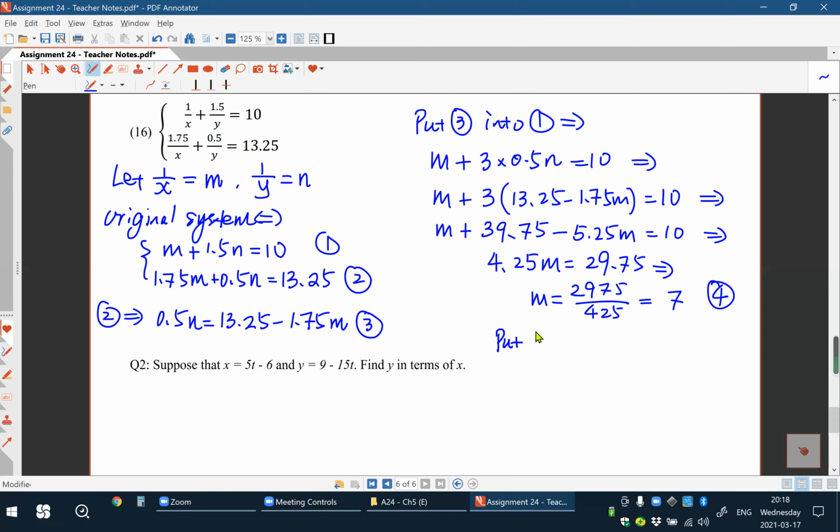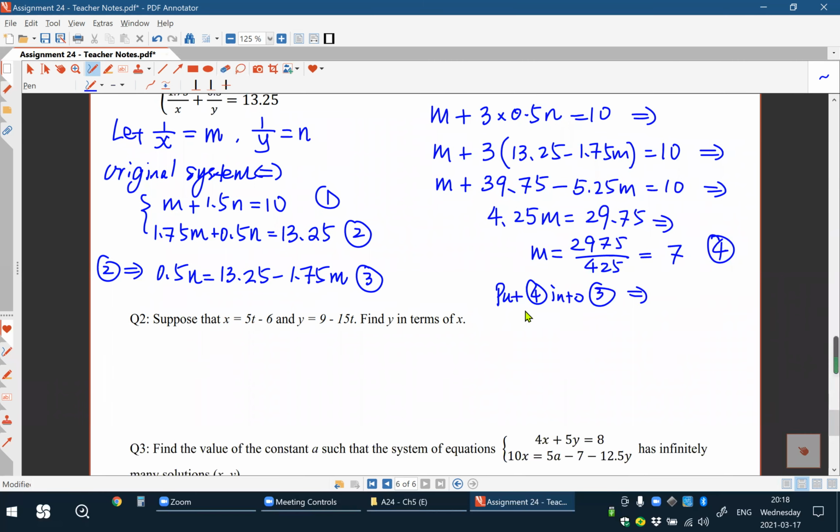Then we can put number 4 into 3. Then you will get 0.5n equals 13.25 minus 1.75 times 7. Okay, let's calculate this.